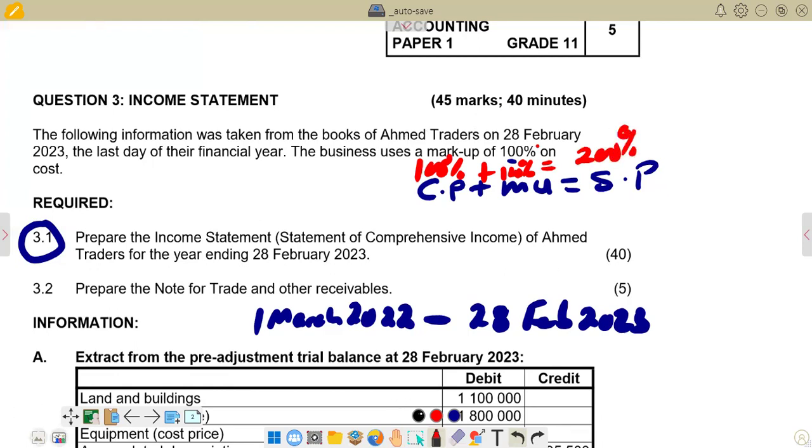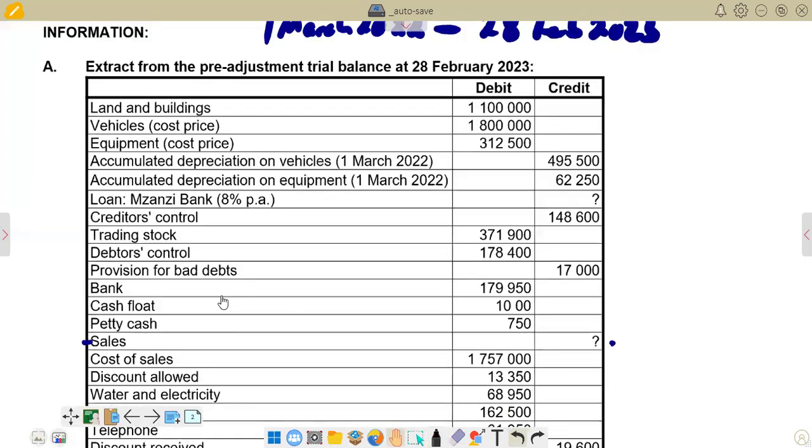So we can just use proportion to find the figure for sales. What are we saying? If you go to the question, you'll see that the figure that we are given is cost of sales. We've got 1,757,000. So it means our 100% as cost of sales is 1,757,000.